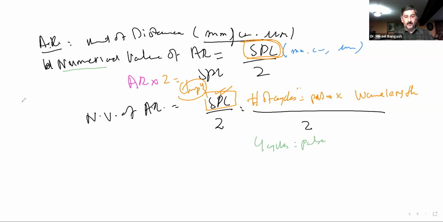And we say that each of those cycles has a wavelength of, let's say, 0.5 millimeter. Multiplying these two, what would they give you? They will give you your spatial pulse length. So 4 times 0.5 actually becomes 2. Your spatial pulse length in this instance will be 2 millimeters.